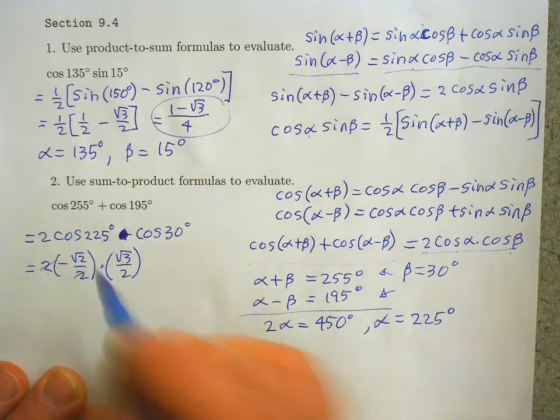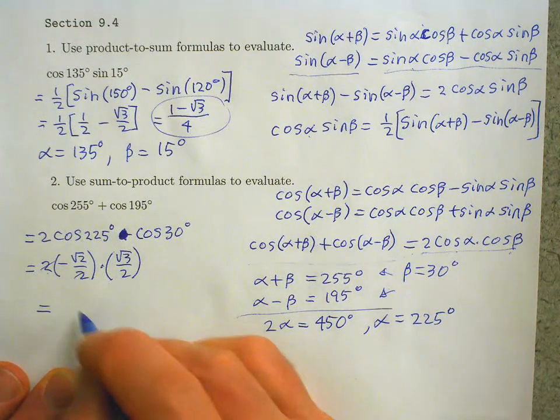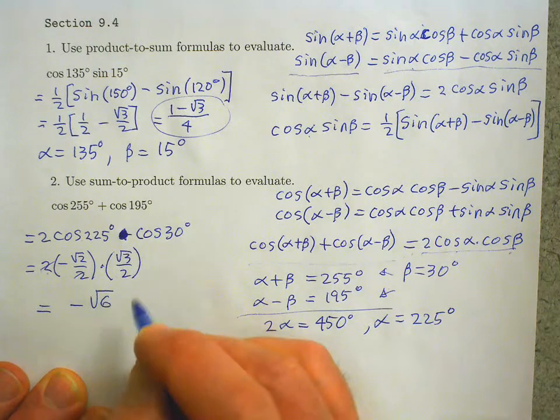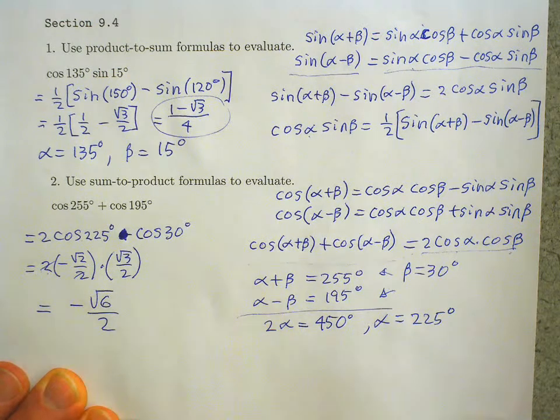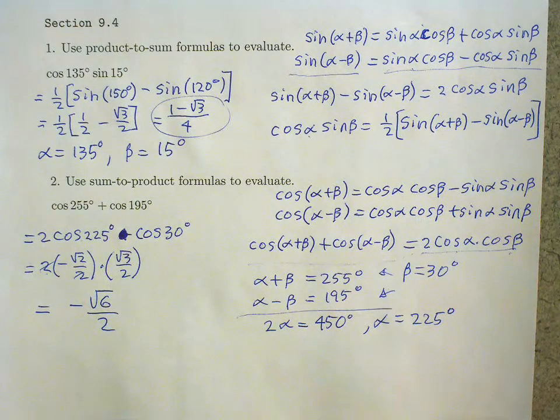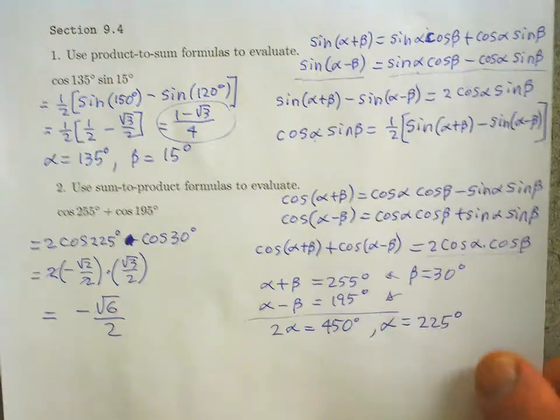These twos cancel, so we get negative square root of 6 over 2. Okay, let's move on to the next page.